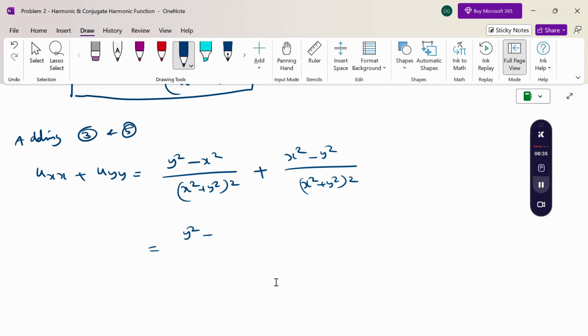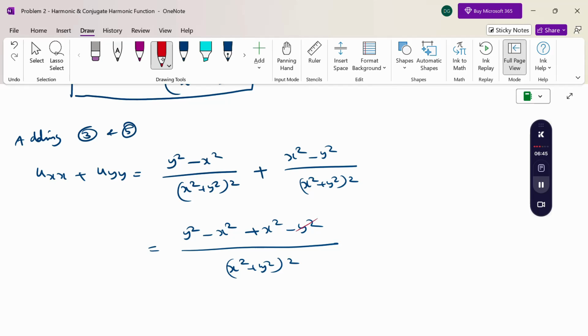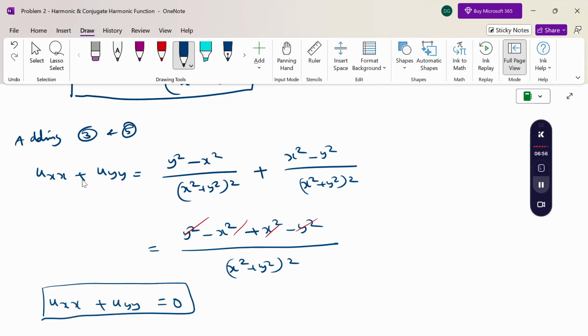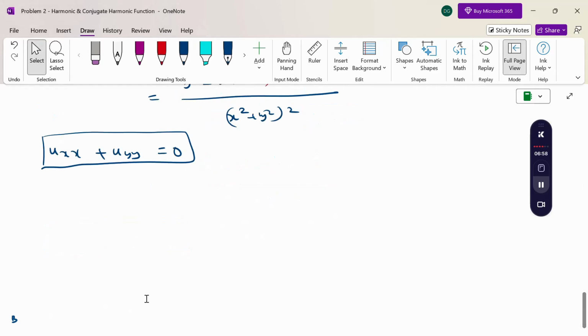So y square minus x square plus x square minus y square divided by x square plus y square whole square. Now cancel this term, therefore 0. So uxx plus uyy equals 0, and the Laplace equation is satisfied.